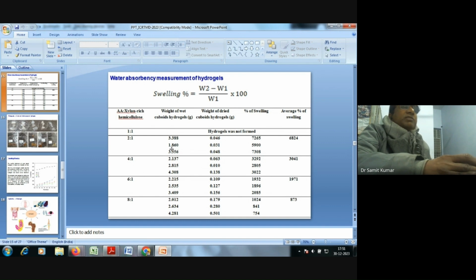All the experiments take place in triplicate, and we obtain the average swelling percentage of 6,824% with the 2:1 ratio of acrylic acid to Xylan.